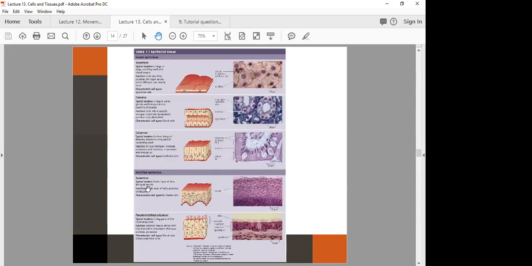They were examples of squamous stratified epithelial cells. And here we have pseudo-stratified columnar cells. And these are quite unique in that some of these cells are quite specialised in secretion of mucus. So these might be cells that are lining parts of the respiratory tract.